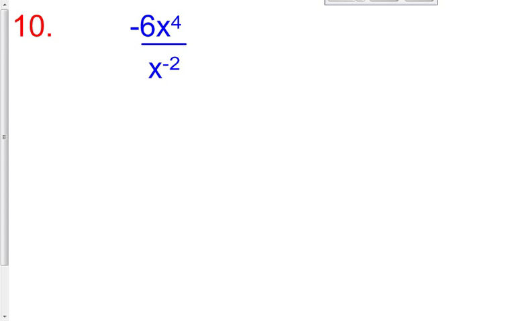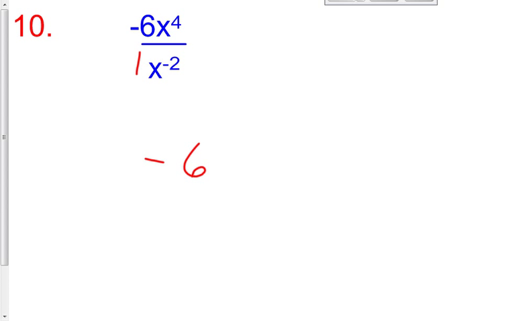Number 10, I'm dividing once again. Now just as we multiplied monomials, we multiplied the coefficients and then added their exponents. Same thing, when we divide, we divide their coefficients. So we have negative 6 divided by 1, which is just the number negative 6.